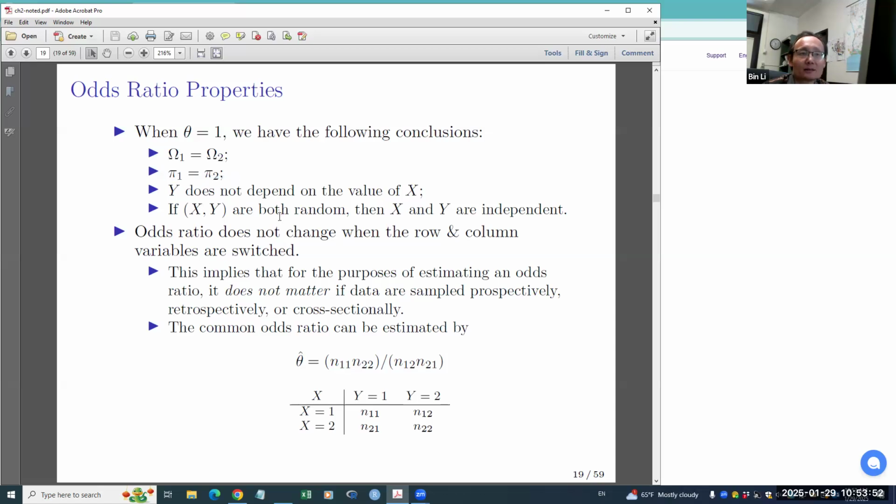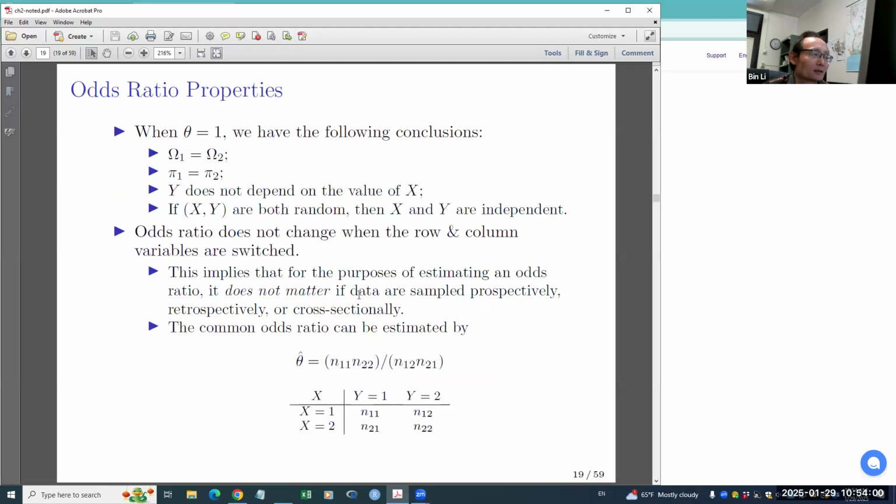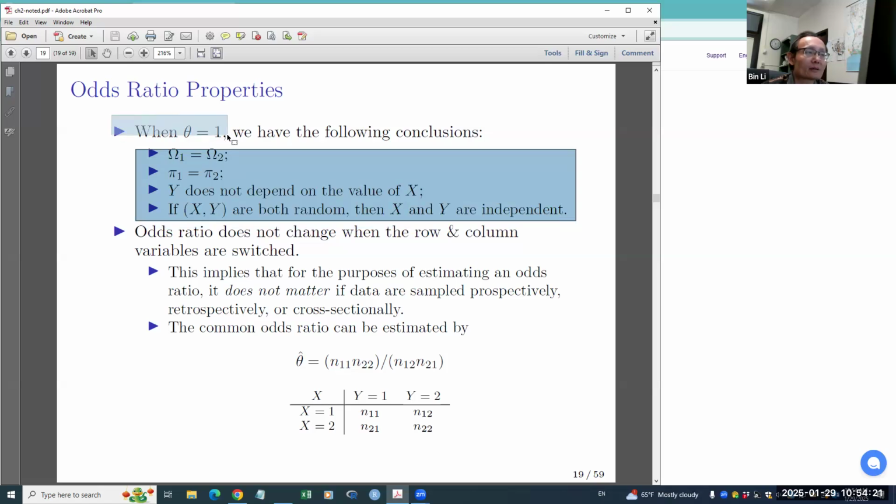That makes sense, right? It also means y does not depend on the value of x. And if x and y are both random, then that means x and y are independent. So that is the conclusion that we can draw when the odds ratio is 1.